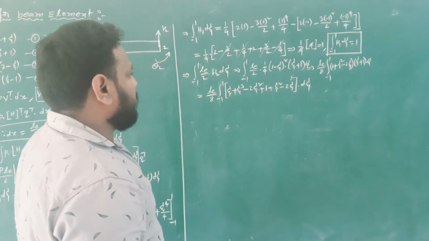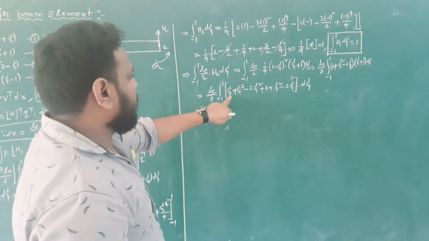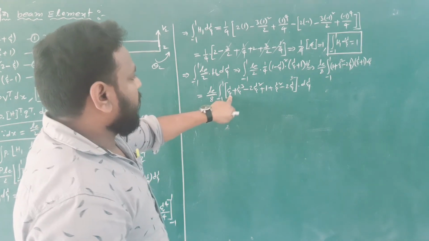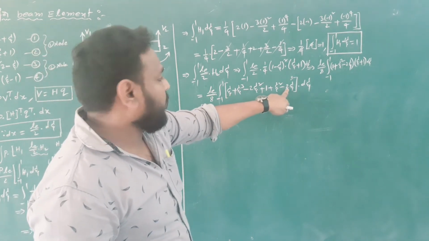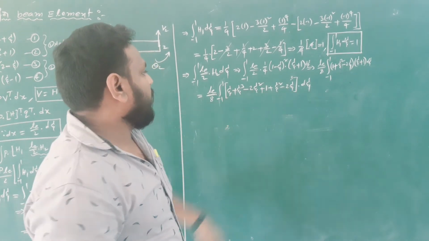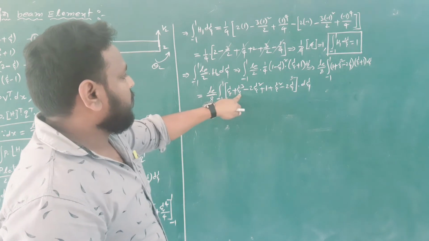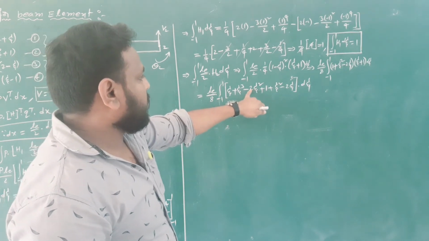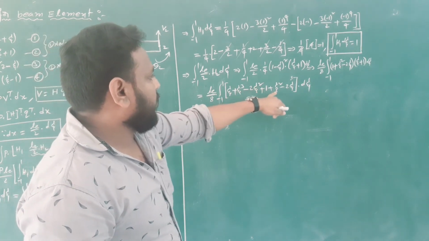Now here 1j is there and here 2j is there. So after subtracting, remaining is 1j minus 1j. Next here 1j cube. Next here minus 2j square is there. Here 1j square.